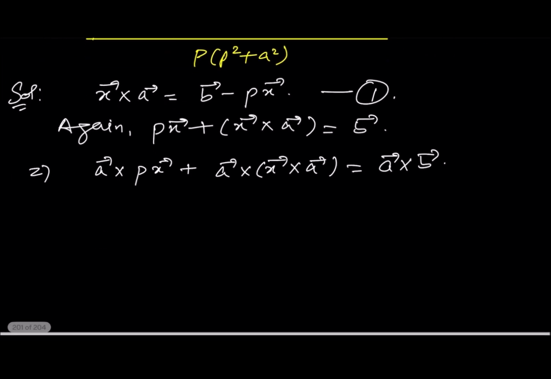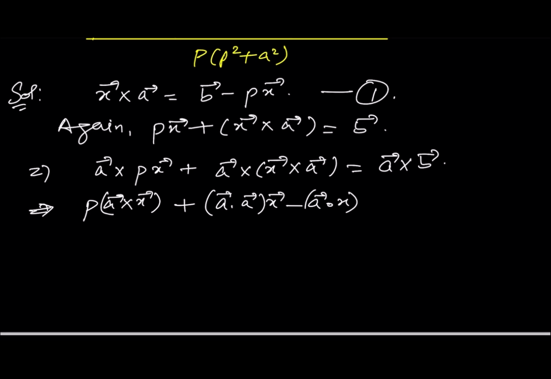Now this can be written like this also. p times A cross x, because p is a scalar, this can be taken outside, plus A dot A times x vector minus A dot x times A vector is equal to A cross B vector, right?